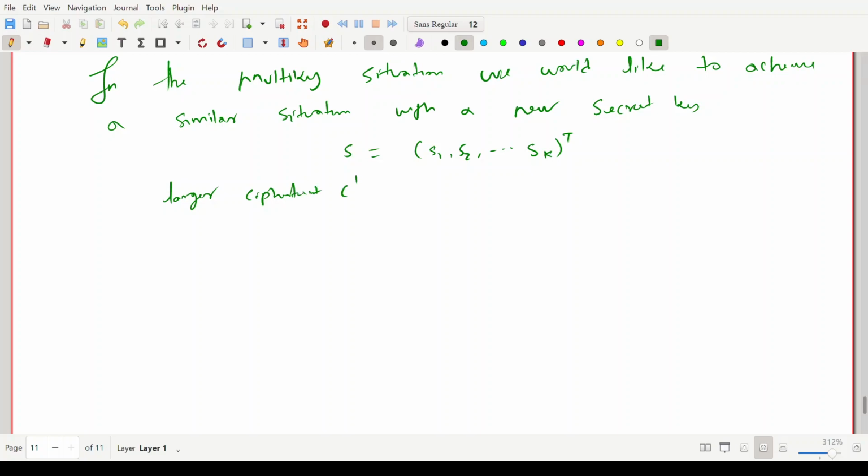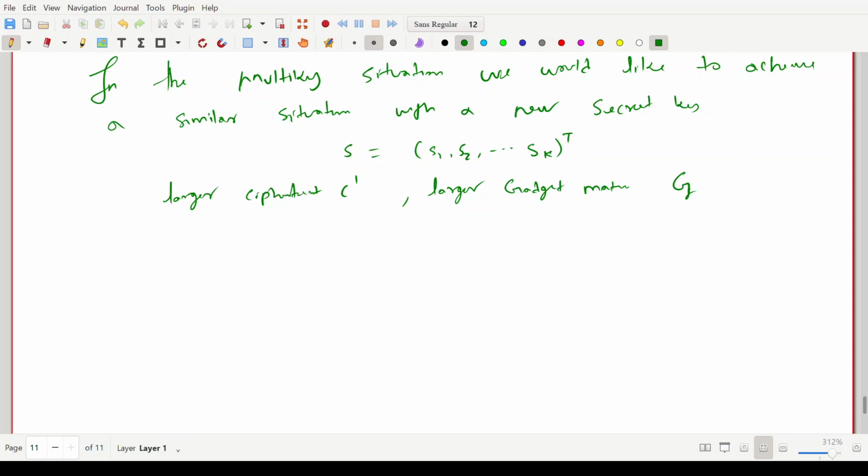The larger ciphertext I am having, and the gadget matrix will also be expanded. So like this I am denoting.